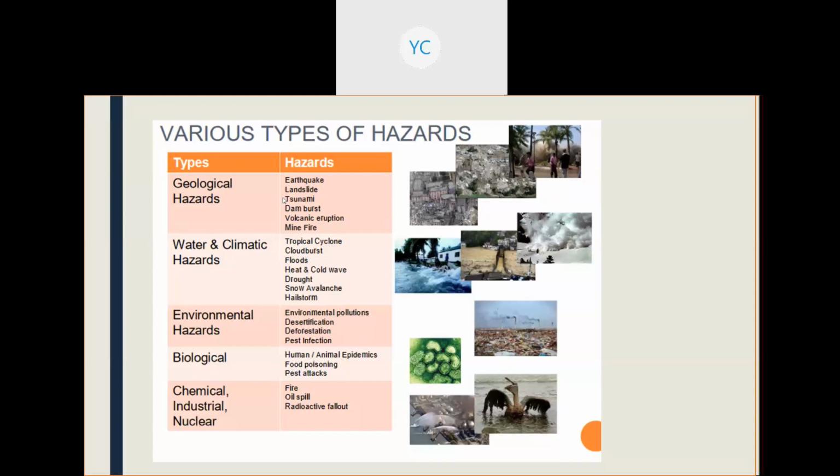The moment these natural events cross our day-to-day lives in an adverse or negative way, at that point the hazard translates into a disaster. If there is an earthquake in the middle of an ocean and it is not touching my life directly, I would not say that this is a disaster for me. But if there is an earthquake in the middle of Guwahati town and suddenly we are all sufferers, for us it will be a disaster.